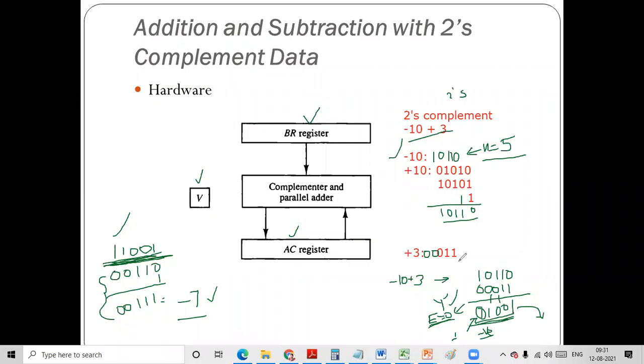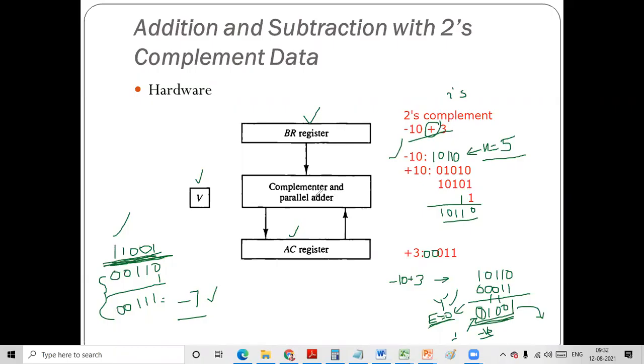While performing the operation, we are not separating the sign. We add the two numbers, or complement the second number and add it to the first, based on the operation. If the operation is plus, then we directly add. If the operation is minus, then the second number will be 2's complemented and then added.